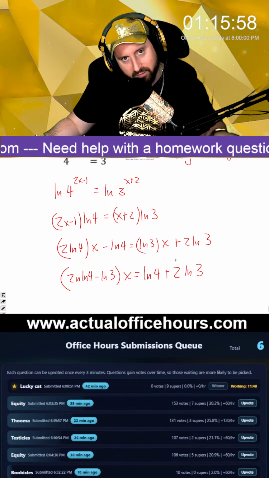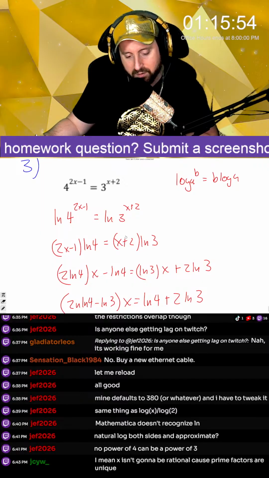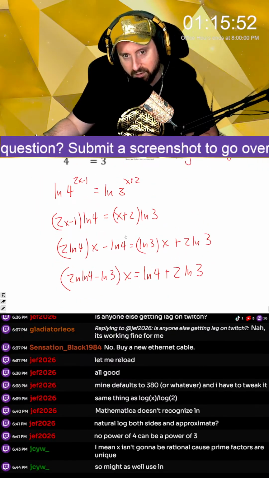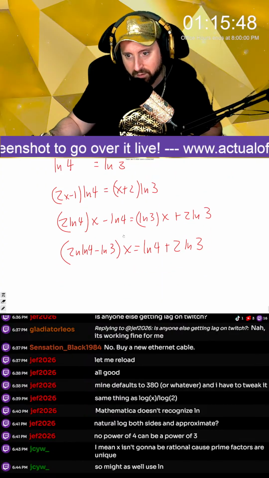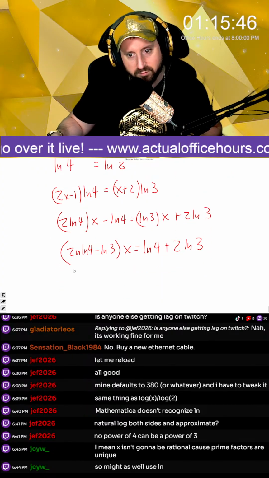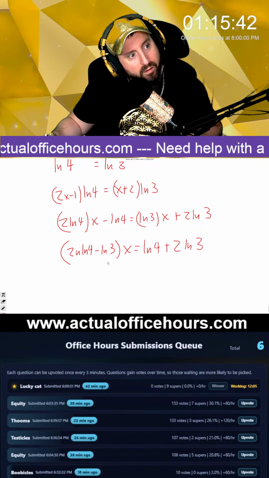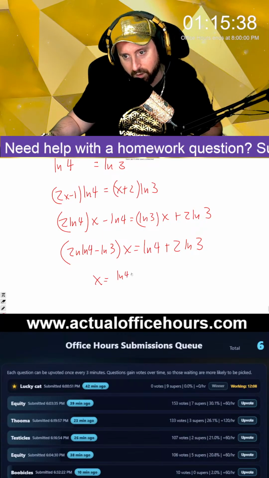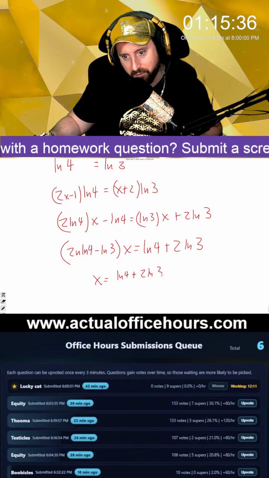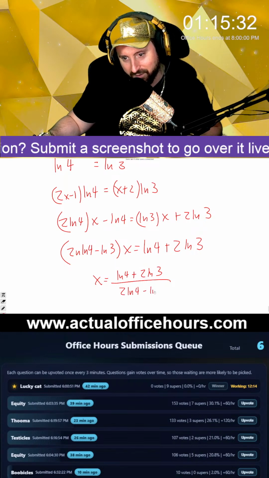X isn't going to be rational because prime factors are unique. Might as well use ln. So we get x is equal to ln of 4 plus 2 ln of 3, all over 2 ln of 4 minus ln of 3.